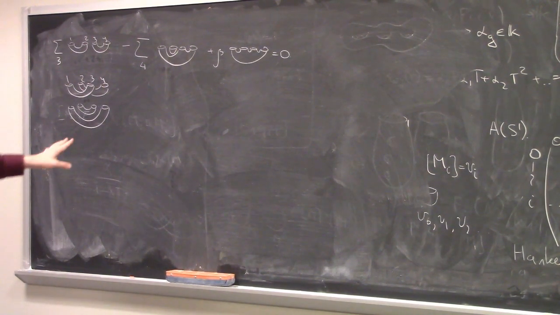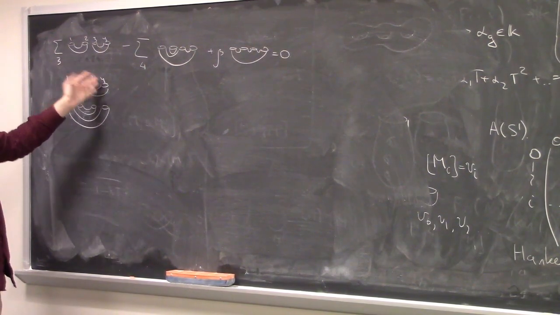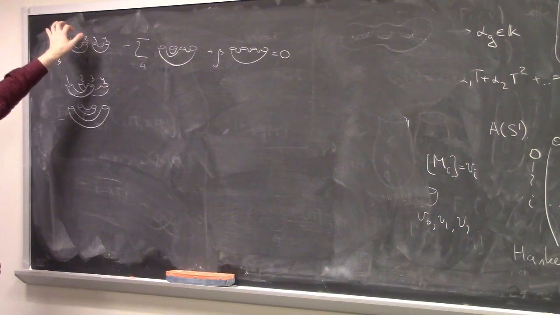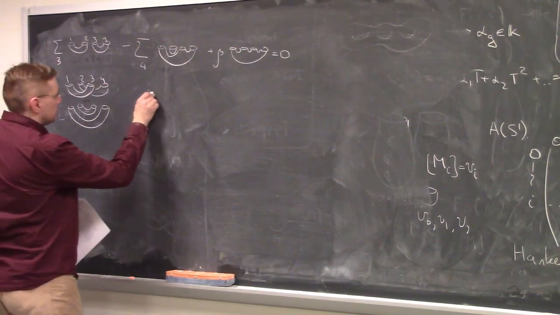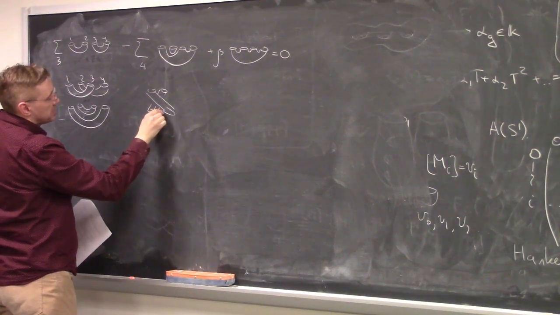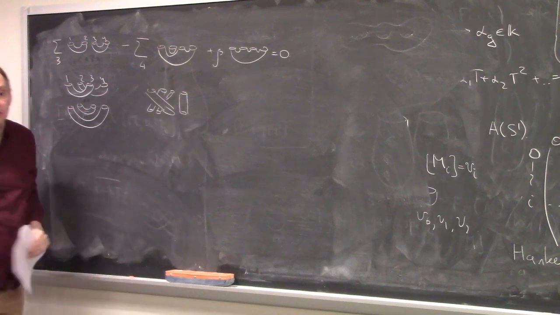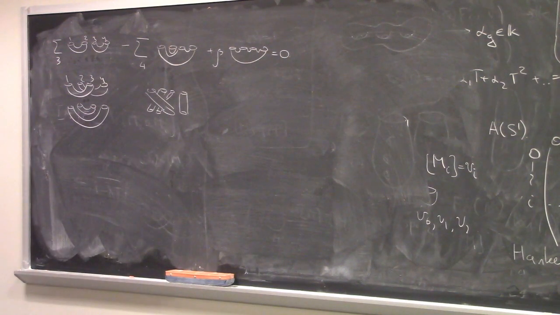So you have a symmetric group action on them, and the relation is invariant under the symmetric group. If you apply any permutation of the symmetric group, the relation is preserved.